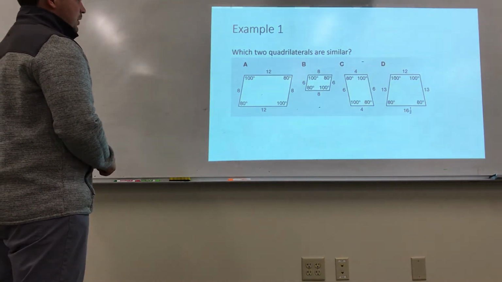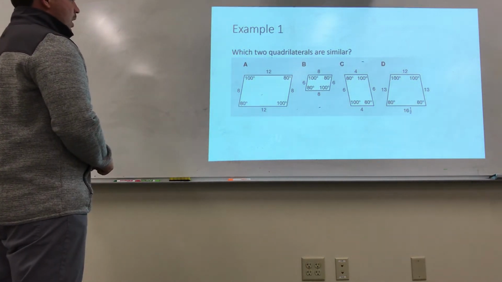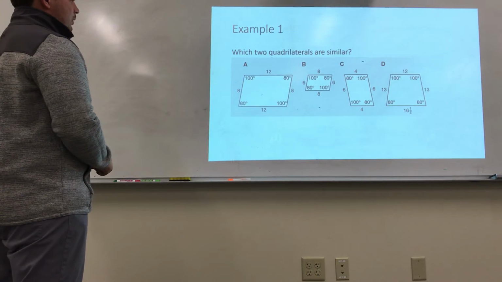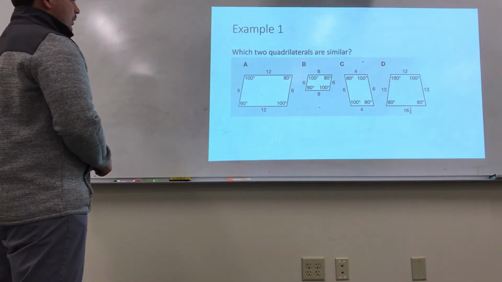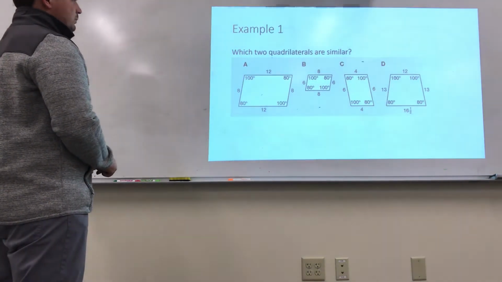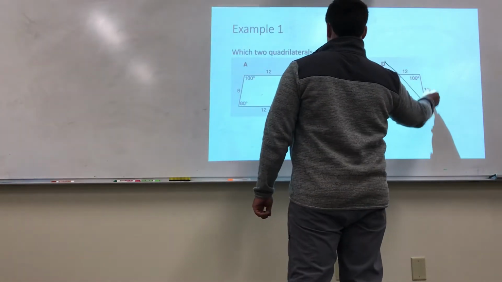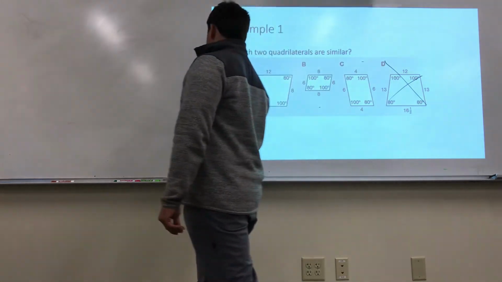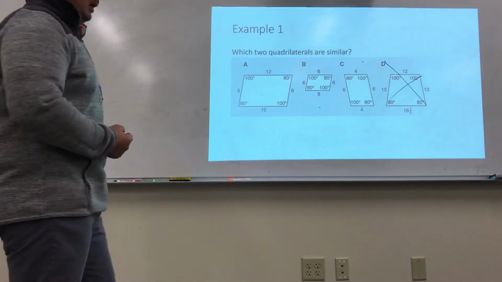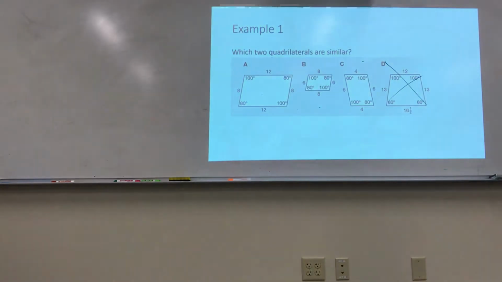Now, one that I'm going to rule out right away is probably D, because your angles aren't even going to match up. Another one, I think there's one more you should be able to eliminate before you think too much about it, but maybe you can't. It kind of depends on what you're seeing here.